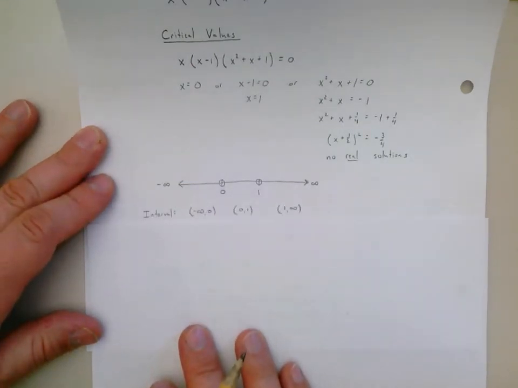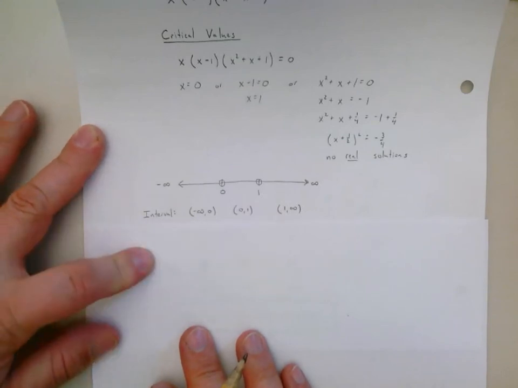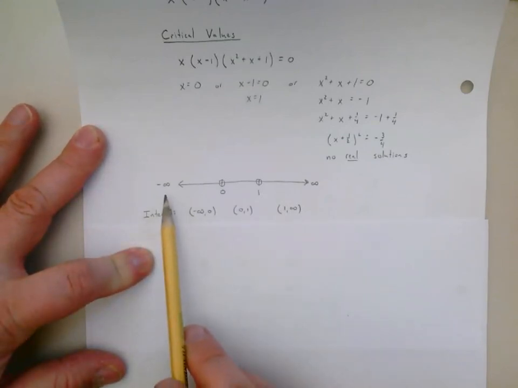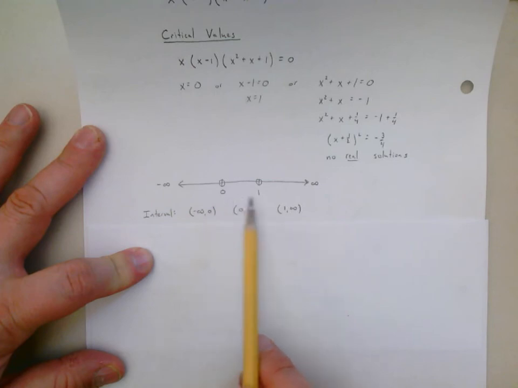At this point, identify the three intervals created on our number line, negative infinity to 0, 0 to 1, and 1 to infinity. After you've identified these intervals, you can simply test one value within each interval to see if the interval gives you a solution or not. Go ahead and pause the video, and you test a value within each of these three intervals.